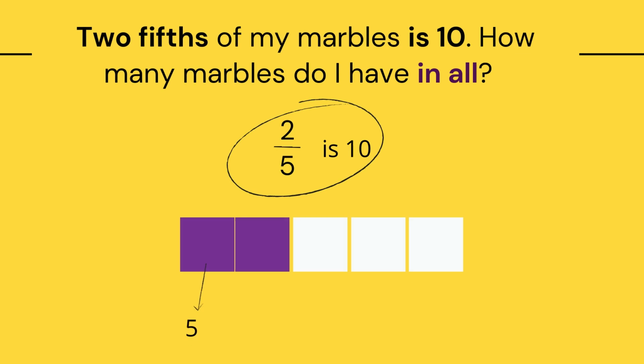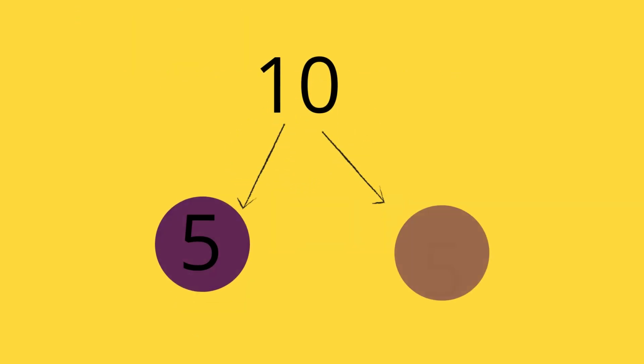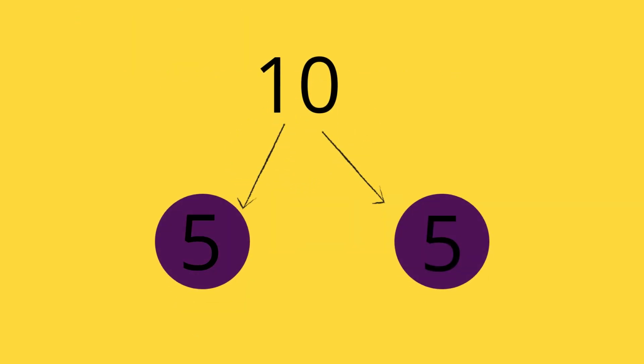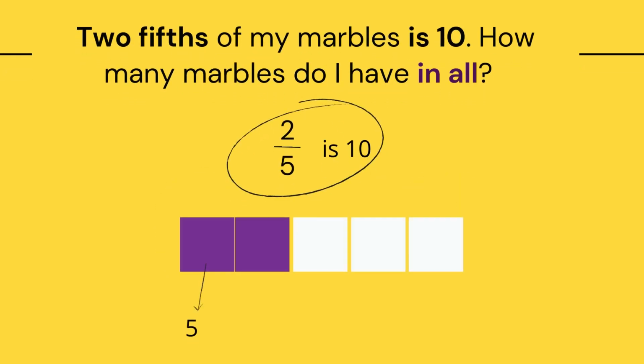One part will give me 5 marbles. And we can see this by observing this diagram. I have 10 and I group them into 2 equal groups. So I'll have 5 in one group and 5 marbles in another group. This is how I know that one part gives me 5 marbles.